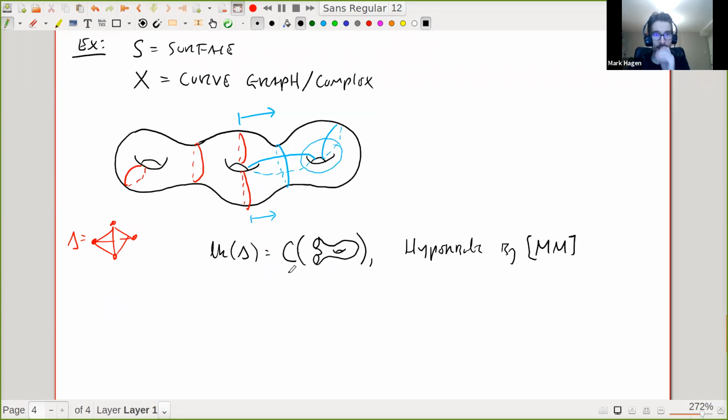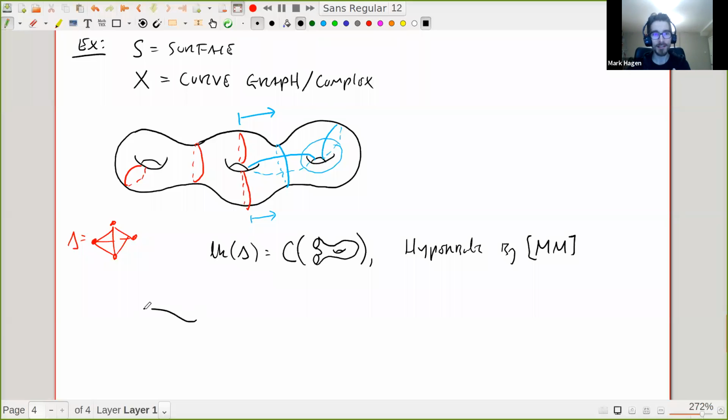So in fact, for all of the subsurfaces of this surface, with some notable exceptions, the curve graph of that subsurface arises as the link of a simplex. So that's the main way that you get hyperbolic links and verify the first condition in the theorem.